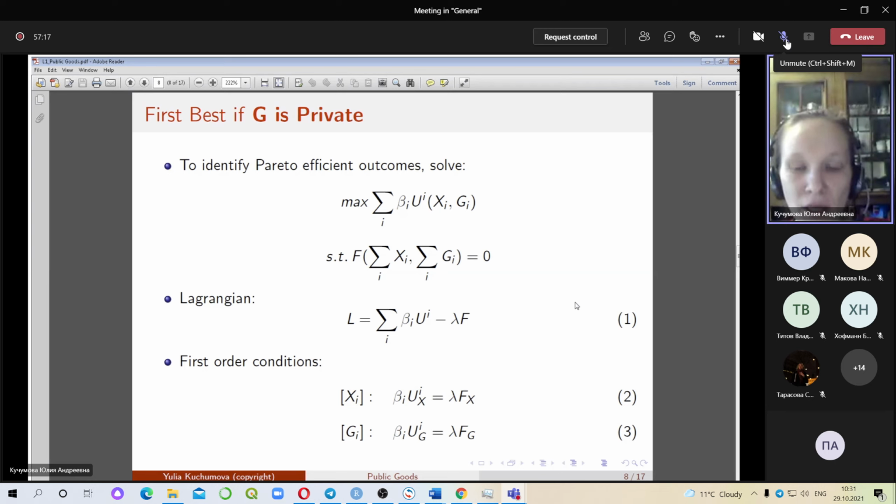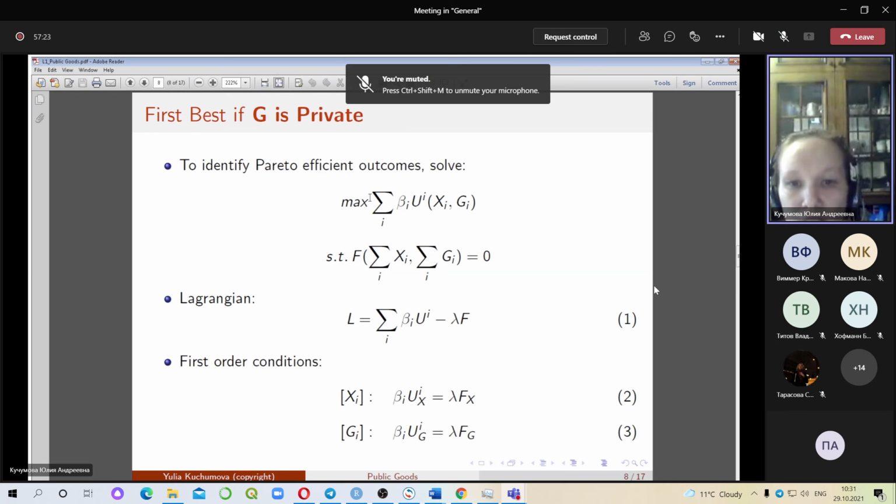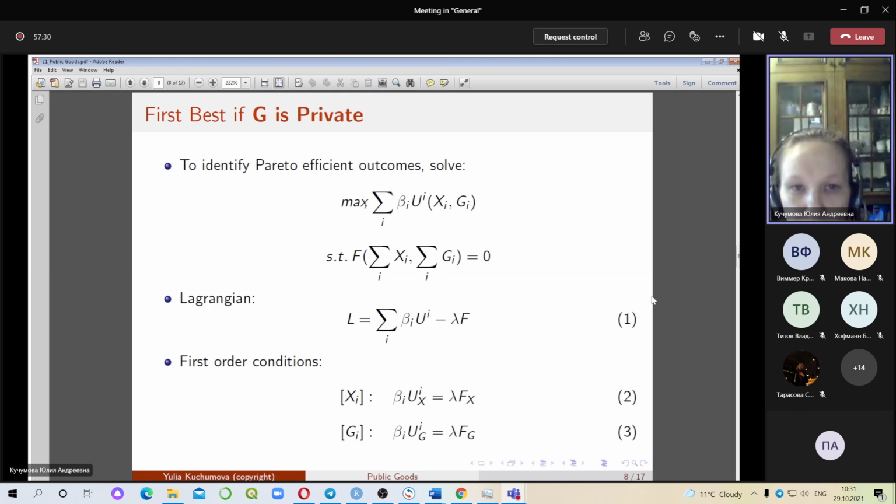And this is exactly what we are going to do here. We maximize the weighted sum of the utilities, which is social welfare, subject to the production possibility constraint.